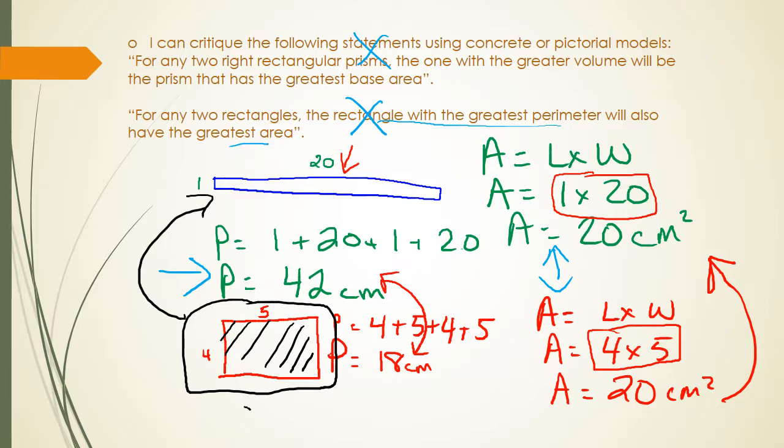And anything that is more square-ish is going to have a smaller perimeter and a larger area.